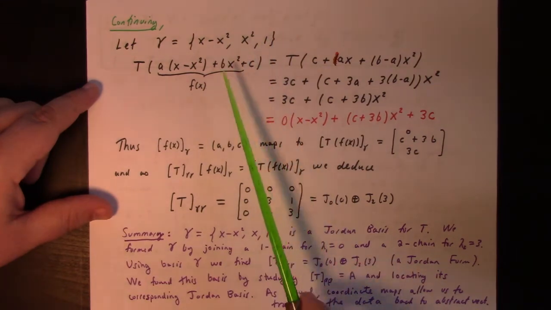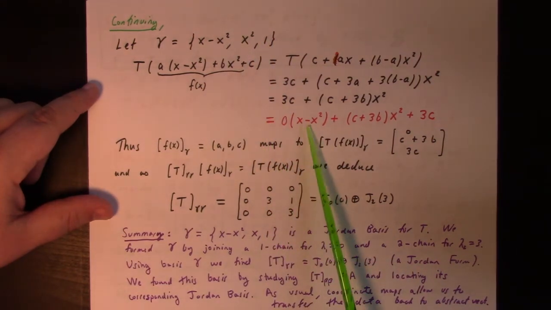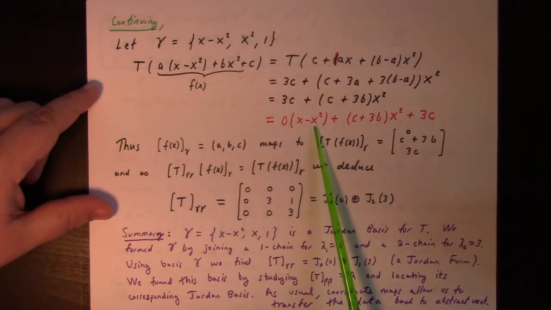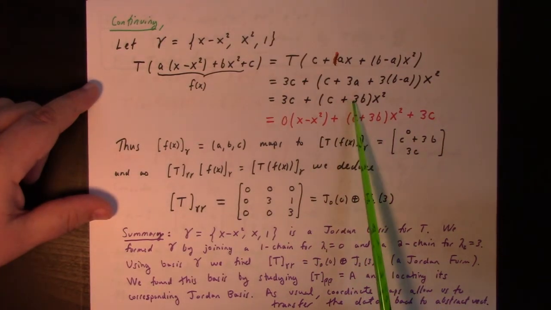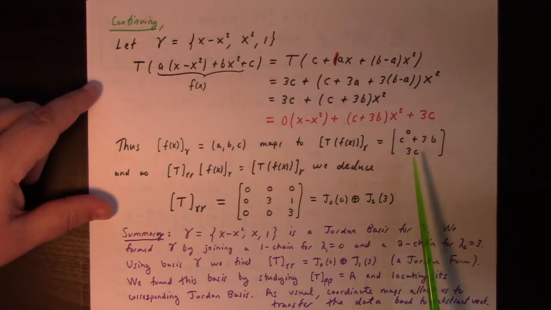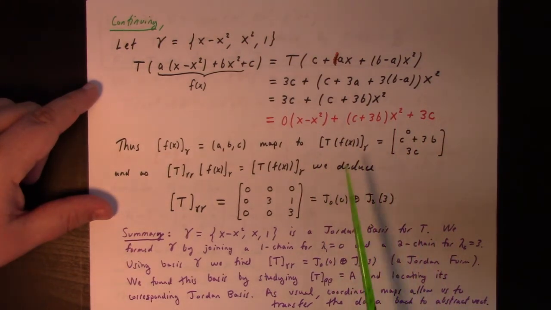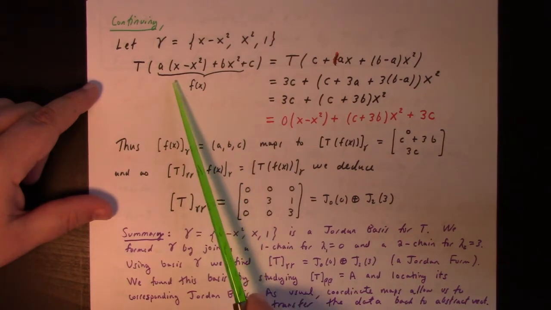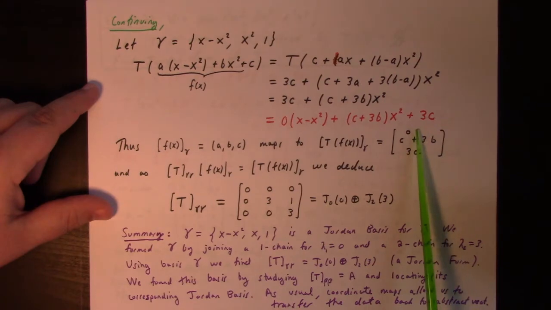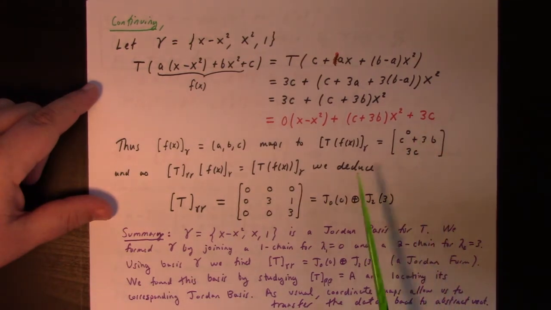So if you look at it, you have to put 0 times x minus x squared, because there's no x up here. So I wrote that. And once I wrote that, it became clear that I had c plus 3b times x squared, and then plus 3c. Okay, so what's the matrix with respect to gamma? Well, I have this with coordinate vector (a, b, c) maps to this image with coordinate vector (0, c plus 3b, 3c).